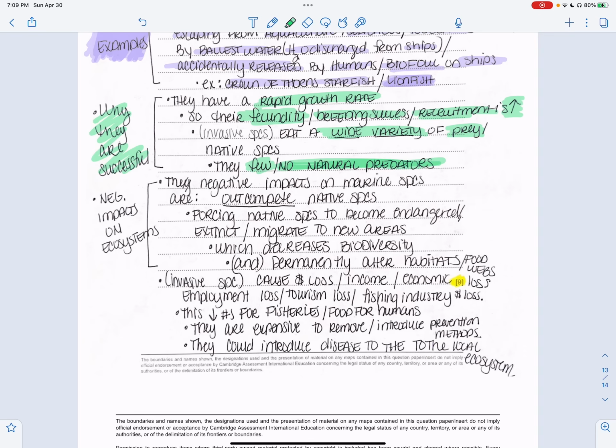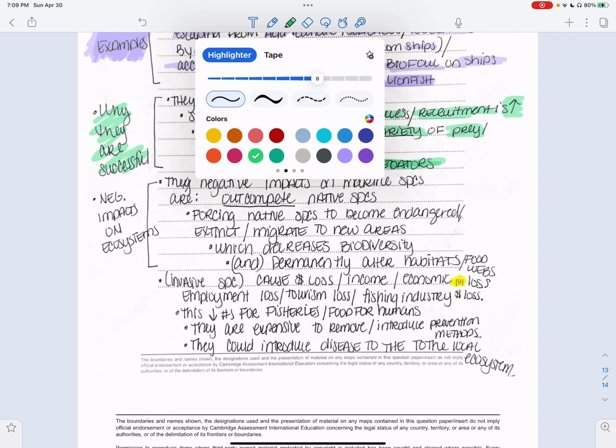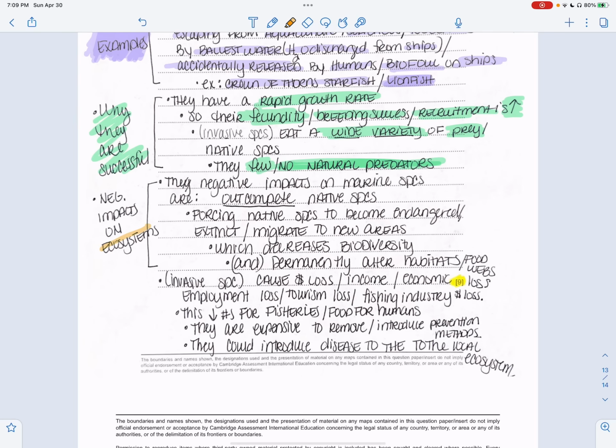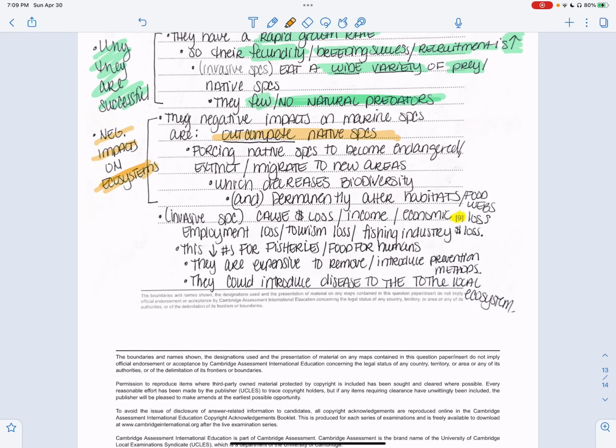Some negative impacts on ecosystems. Negative impacts on marine species are that they can outcompete the native species. Sounds like something you're going to want to say anytime with invasive. This will force native species to become endangered, maybe even extinct, or they're going to have to migrate to new areas.